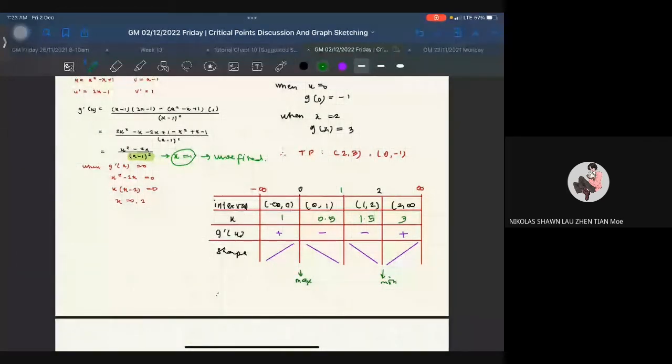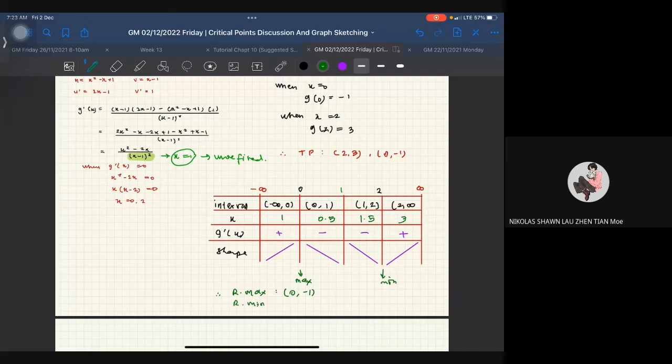So you write over here what is your relative maximum and what is your relative minimum. So saya tulis dekat sini R max. Okay, so R max adalah 0, negatif 1. Okay, and then R min is 2, 3.